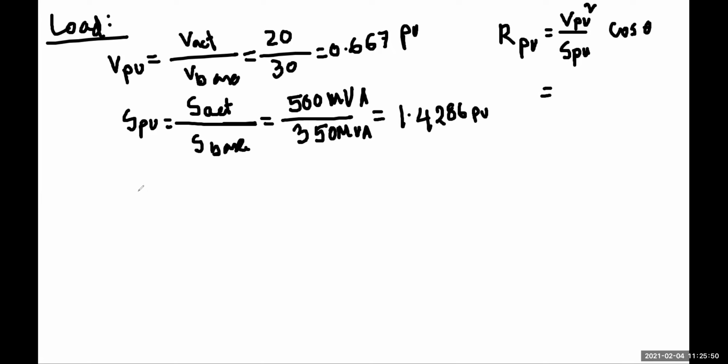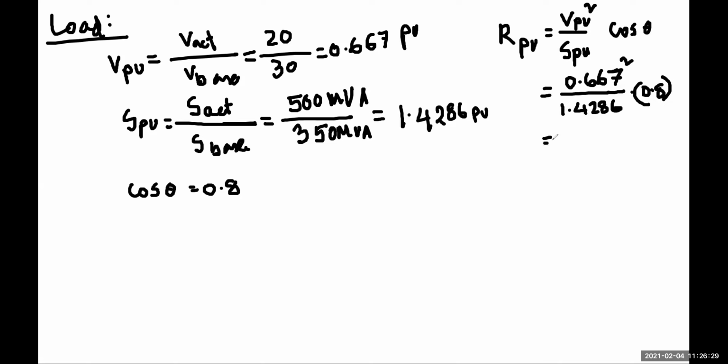And what is your cos theta? 0.8. Remember, it is lagging, right? Yes, sir, it is lagging. Now the value will be 0.667 square divided by 1.4286 into 0.8, right?